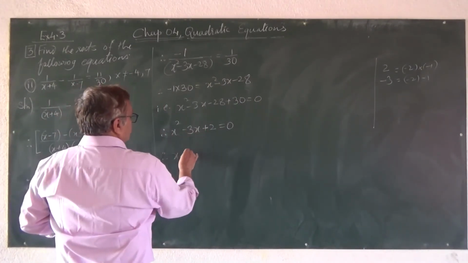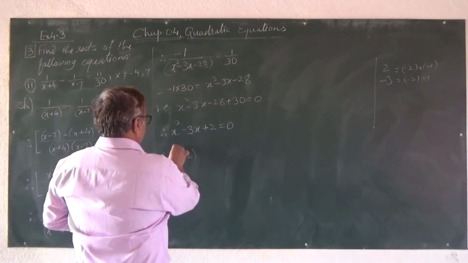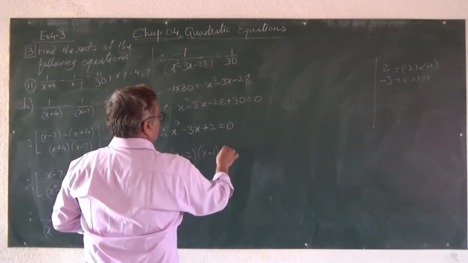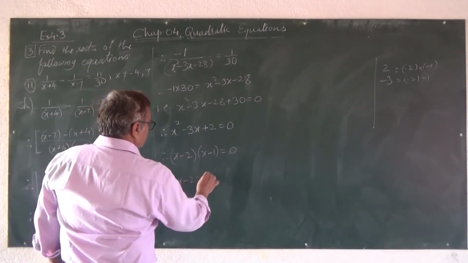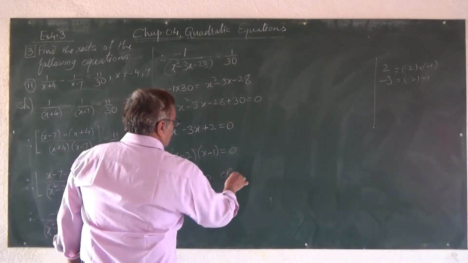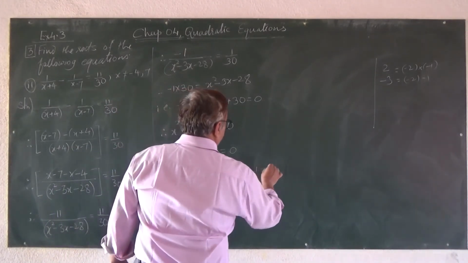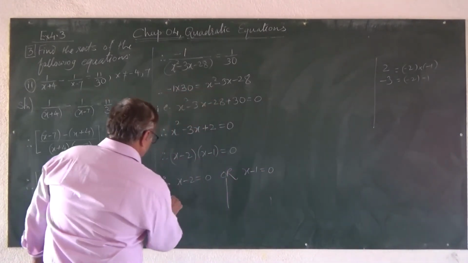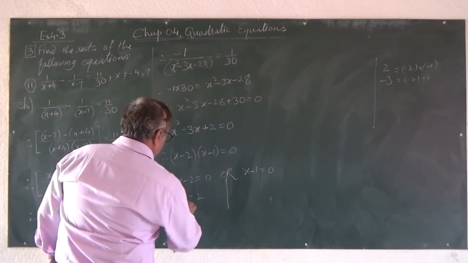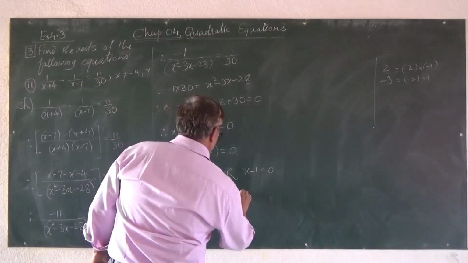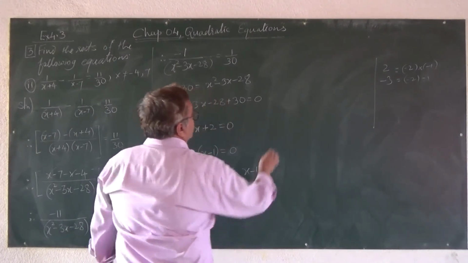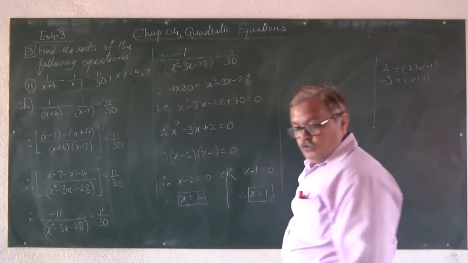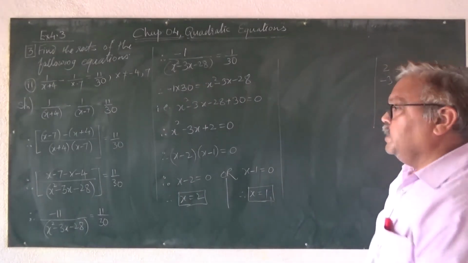So x minus 2 multiplied by x minus 1 is equal to 0. Therefore x minus 2 is equal to 0, or x minus 1 is equal to 0. Therefore x is equal to 2, or x is equal to 1. So the roots are 2 and 1.